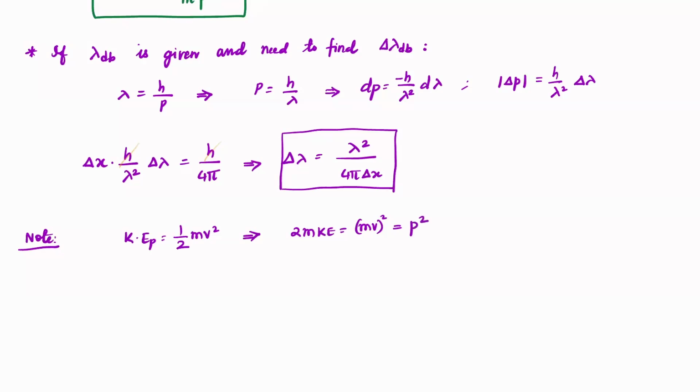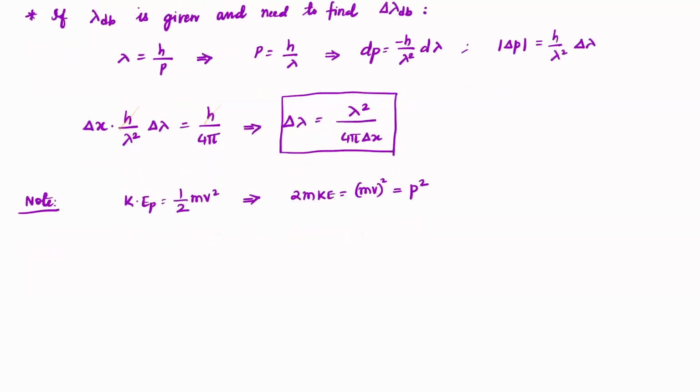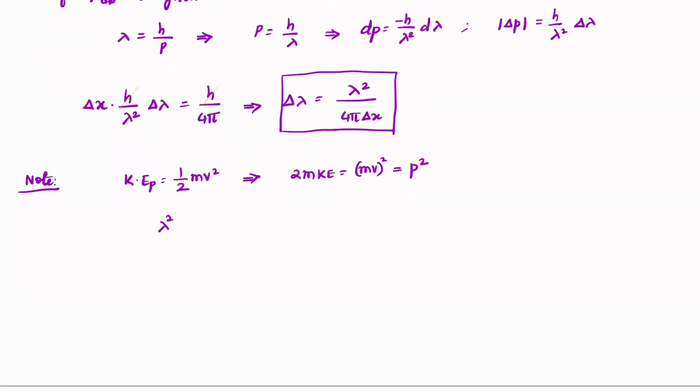Now lambda is equal to h by p. What if I square it on both sides? Lambda square is equal to h square by p square. Now p square I can replace with 2m KE.